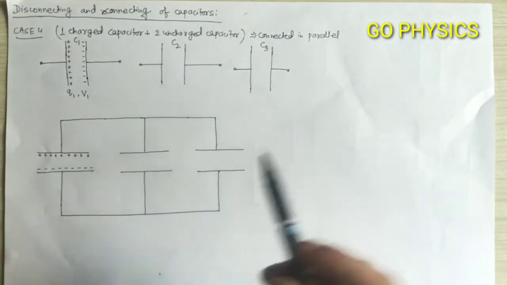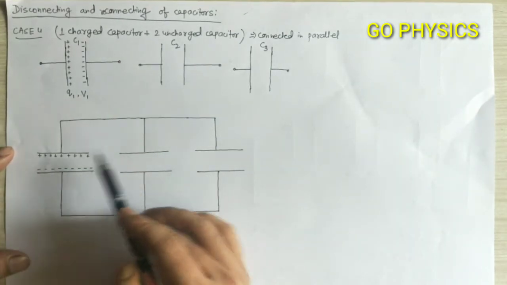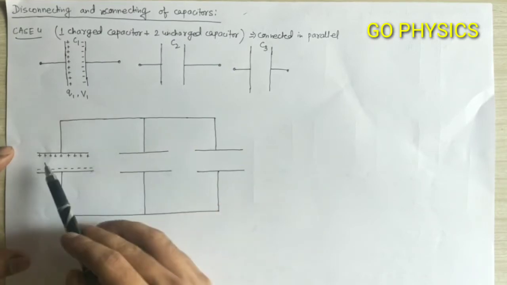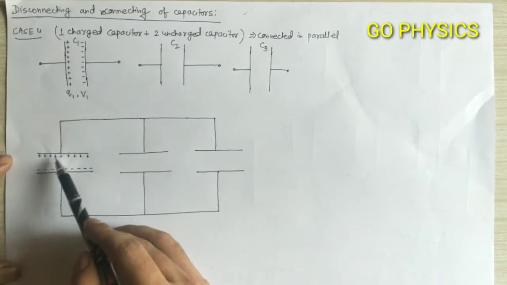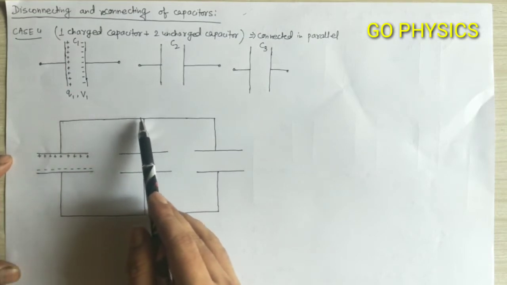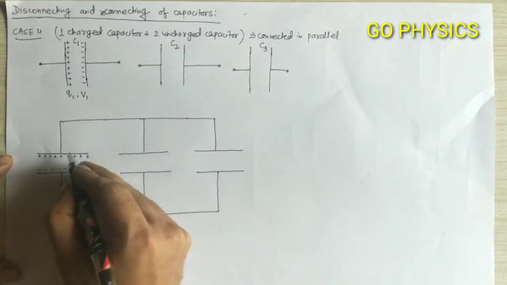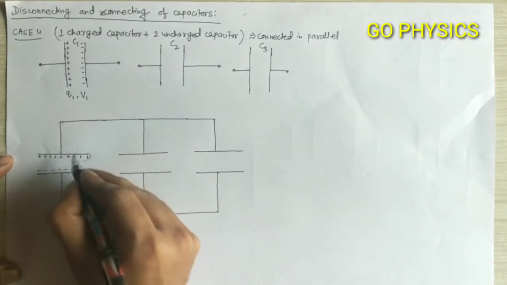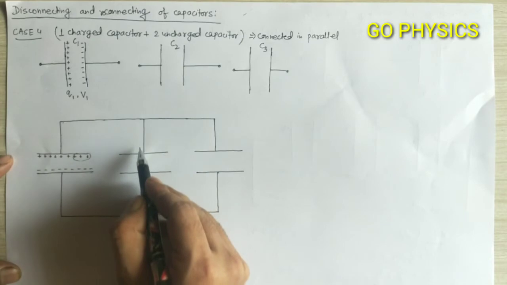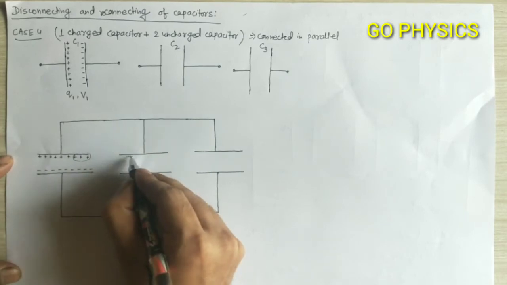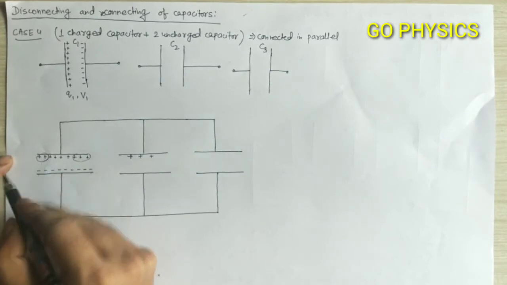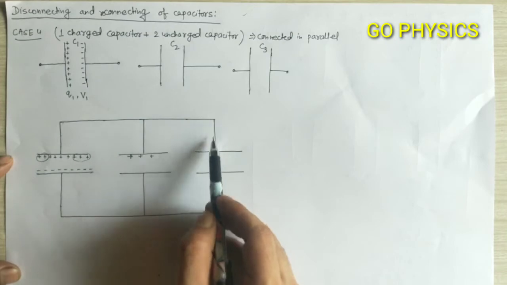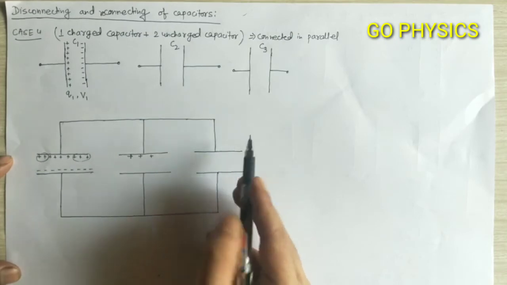Once the capacitors are connected, the positive charges from capacitor 1 repel each other, and so they will start moving in this direction. A few positive charges, let us consider 3 positive charges, will go and fall on this capacitor, and 2 positive charges from capacitor 1 will go and fall on capacitor 3.